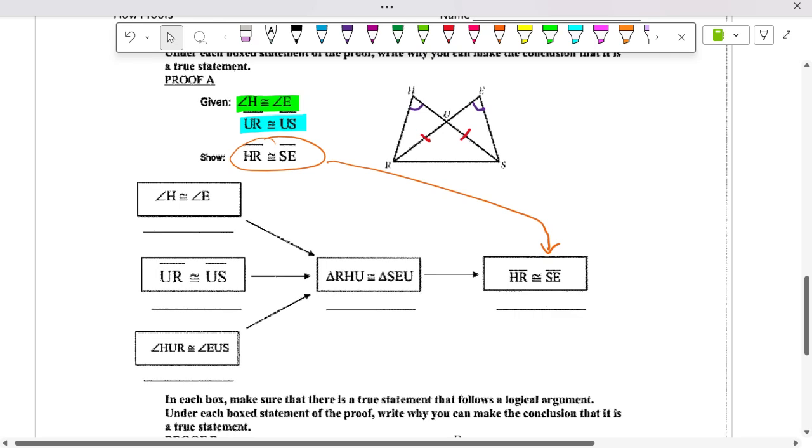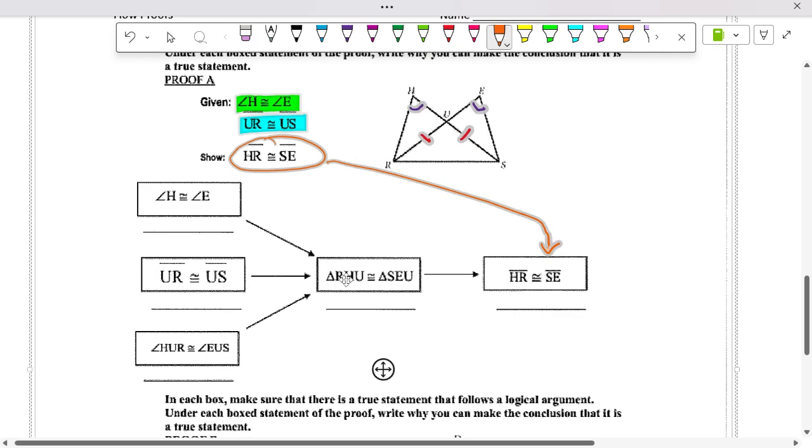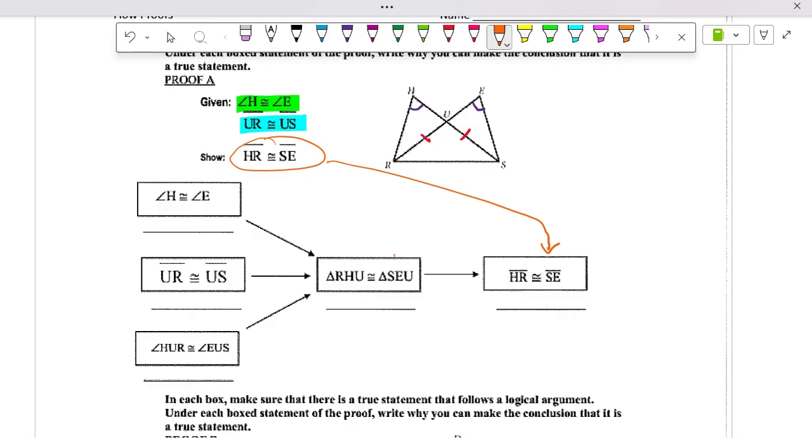Now, what it looks like they did is they proved a congruent triangle because then they can show that any two sides of said triangles are congruent by CPCTC. So first off, angle H is congruent to angle E. Why can we say those are congruent? Why can we say that these two angles are congruent?